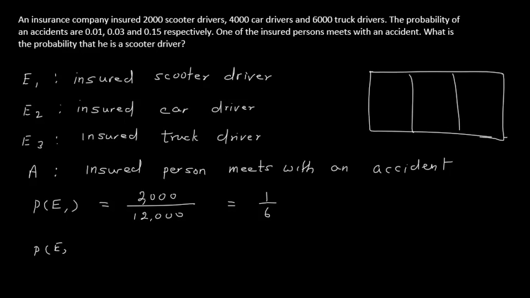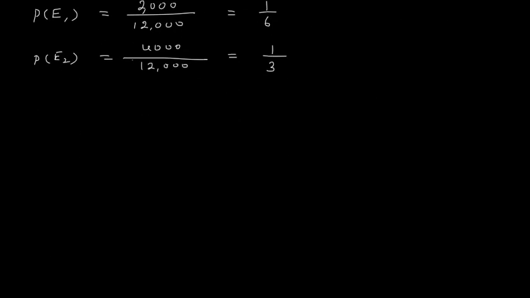Possibility of E2. E2 is 4000 divided by 12,000. So this is 1 upon 3. And possibility of E3 is 6,000 divided by 12,000. So this is 1 by 2.